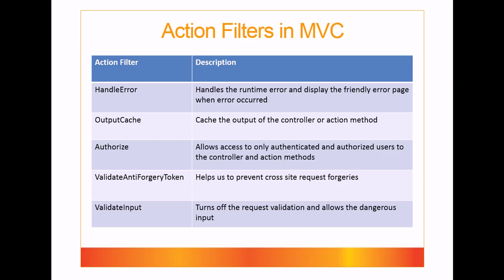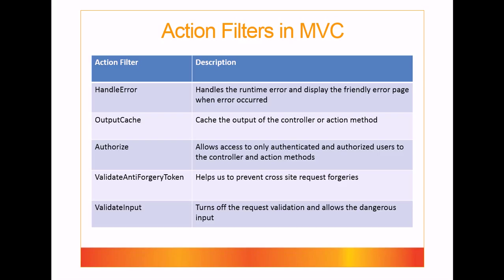This handle error is also an example of a post-processing action filter, we can say. Whenever an error occurs, we can display a friendly error page to the user, because it doesn't make much sense to the user if we show the actual error or the yellow screen of death.